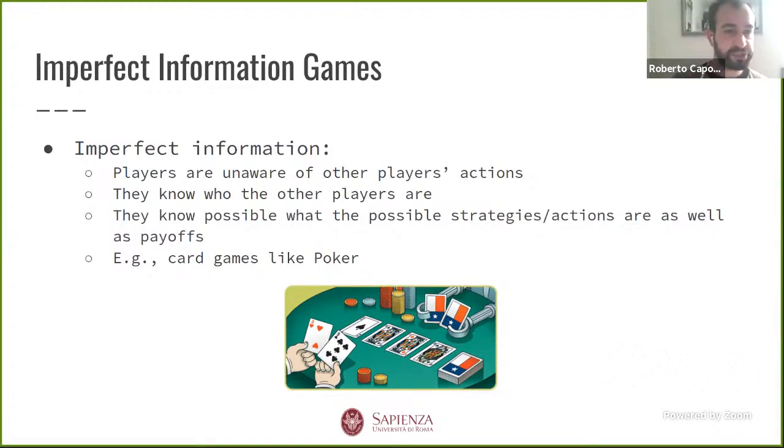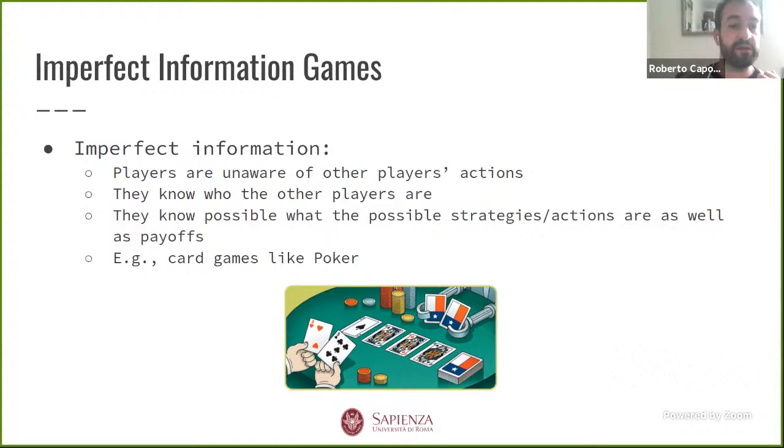Imperfect information games are games like poker where the players are not aware of the other players' actions. So they know who the other players are. They know what the possible strategies and actions that they can execute are, as well as what the possible payoffs for them are.